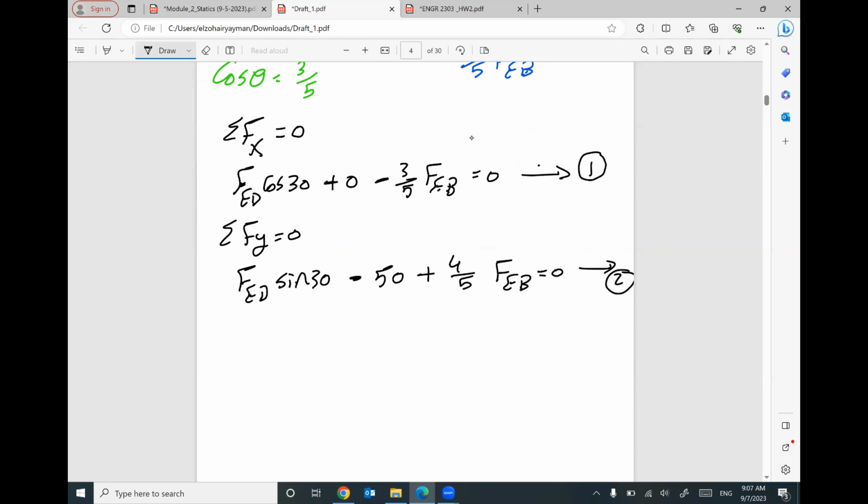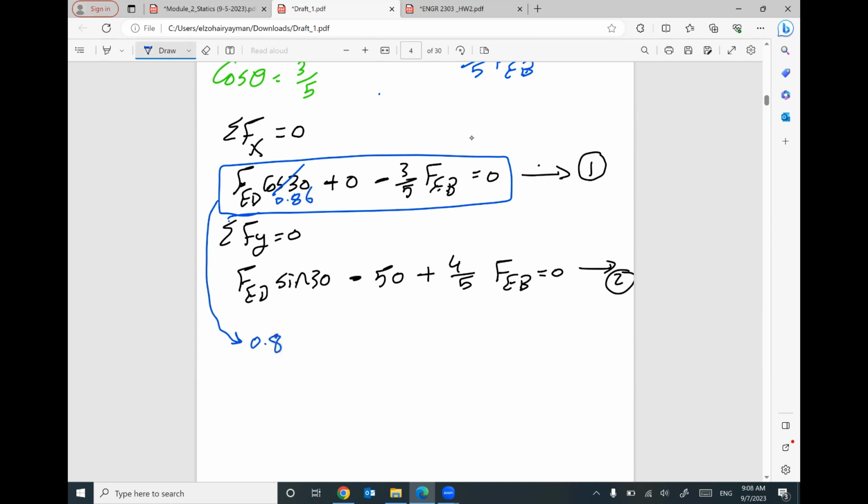Math step. Go ahead and solve these two equations together. I will help you to figure this out. From this equation, cosine 30 equal how much? It's 0.86. So this is from equation number 1. 0.86 FED minus 3/5, which is 0.6, FEB equals 0.